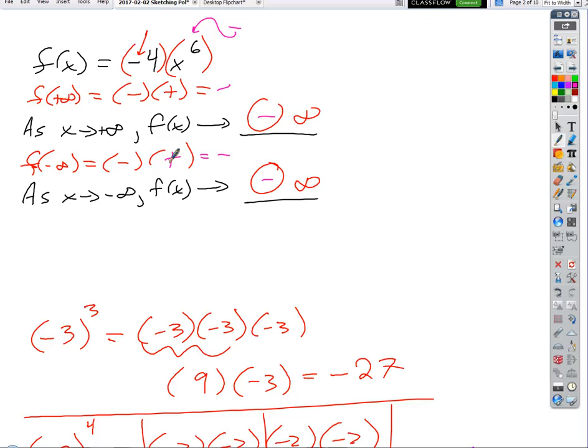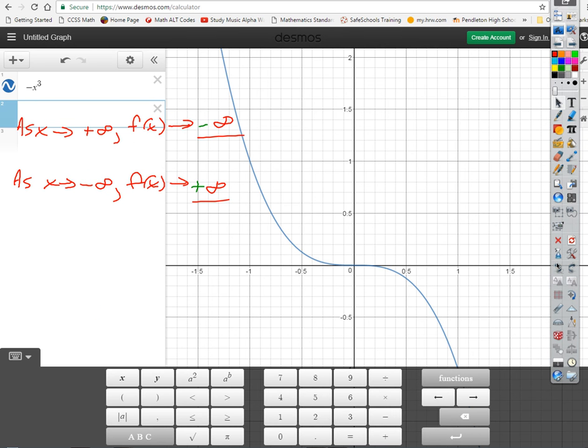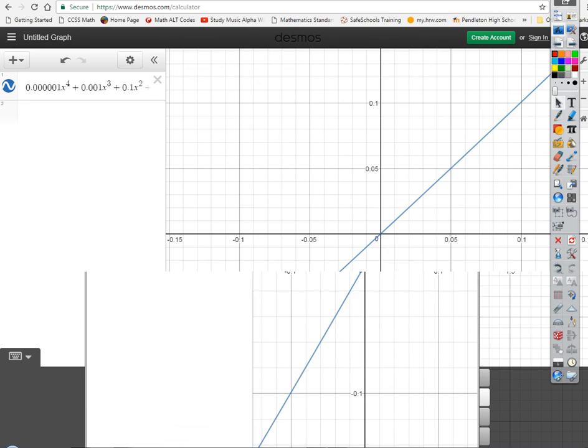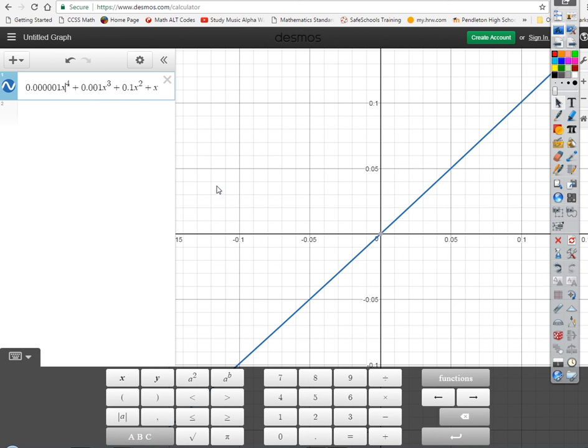Let's look at a different function. This is pretty cool. So let's look at a polynomial now, and you're going to see something really important coming out of this. Okay, so here's what the function is this time. I'll write it up here so we can always look at it.